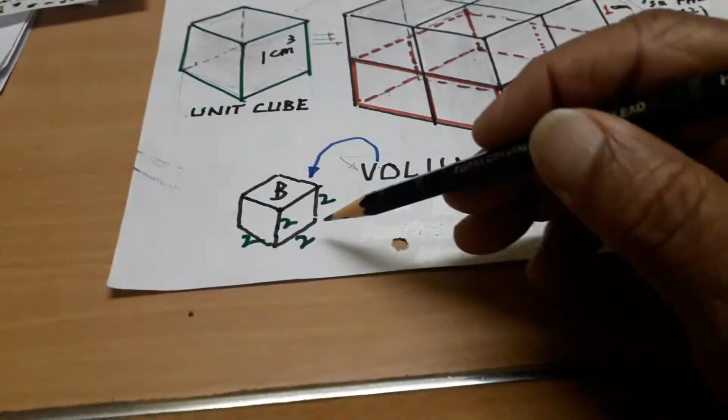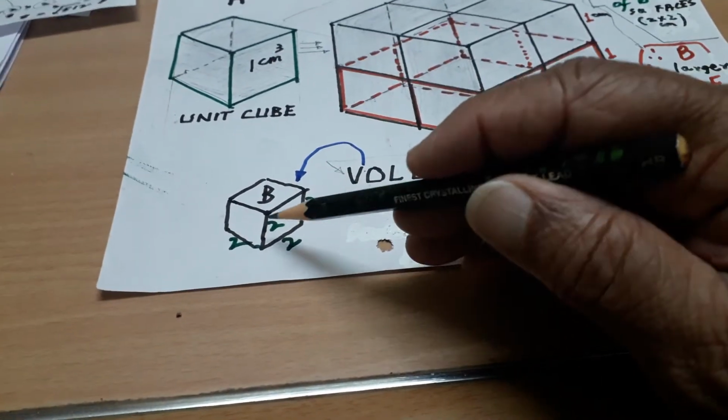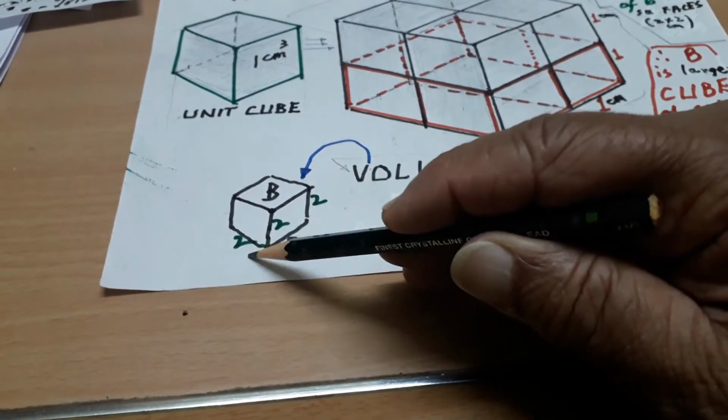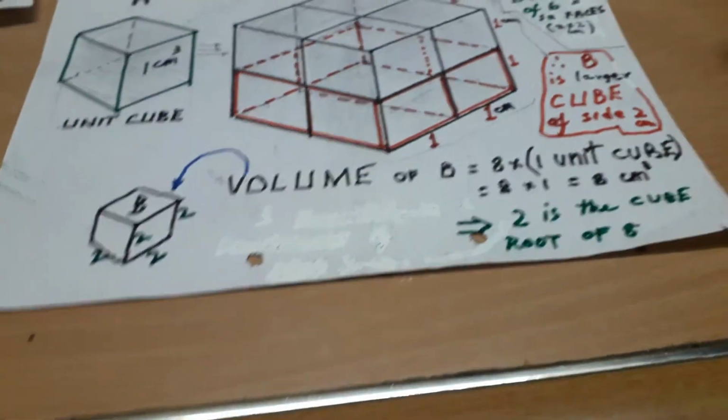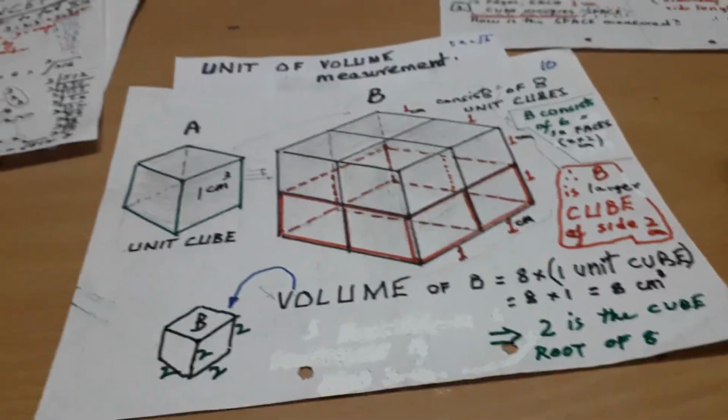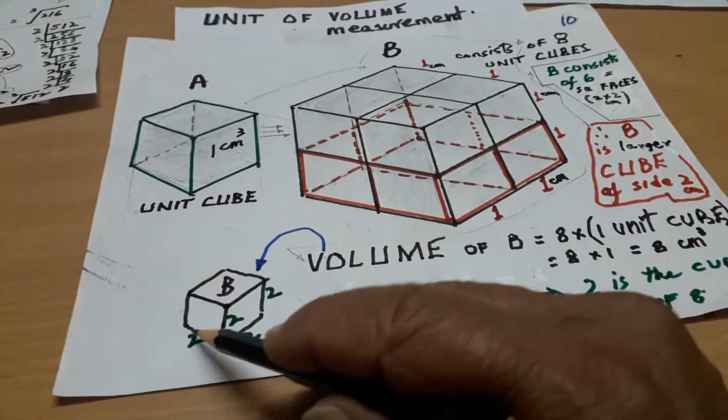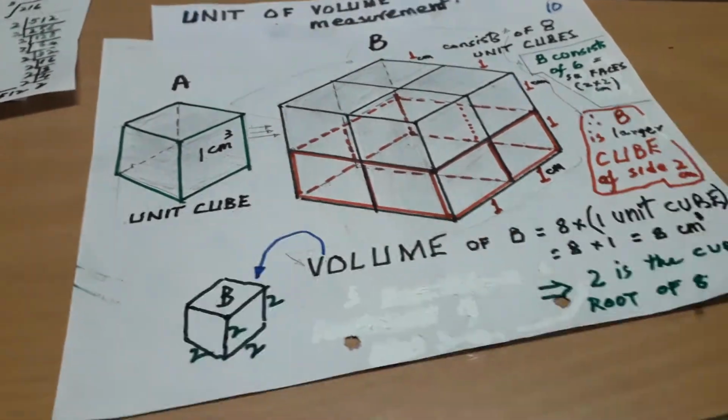Incidentally, this cube B is like this. So the volume will be this and this, in cubic centimeters. All the sides, length, breadth, these are the horizontal dimensions. But all these are equal.